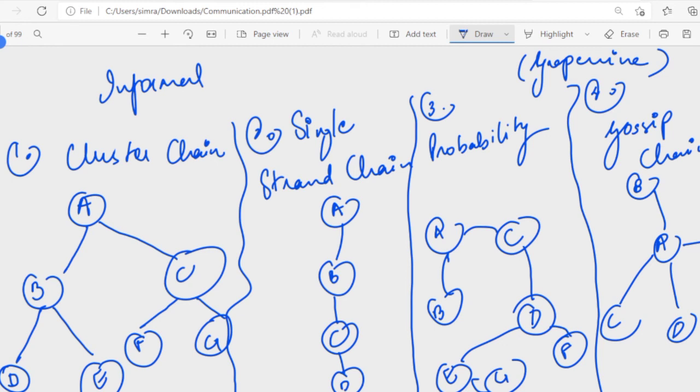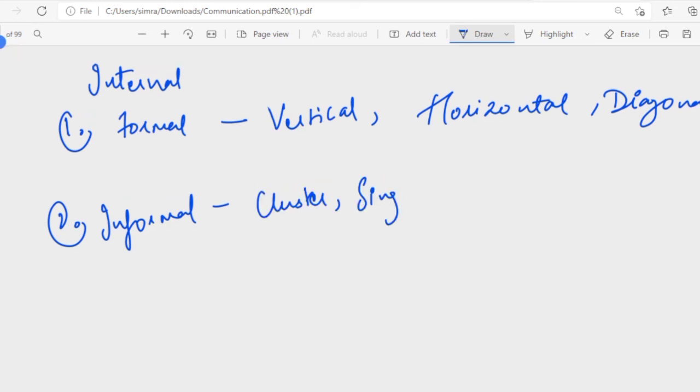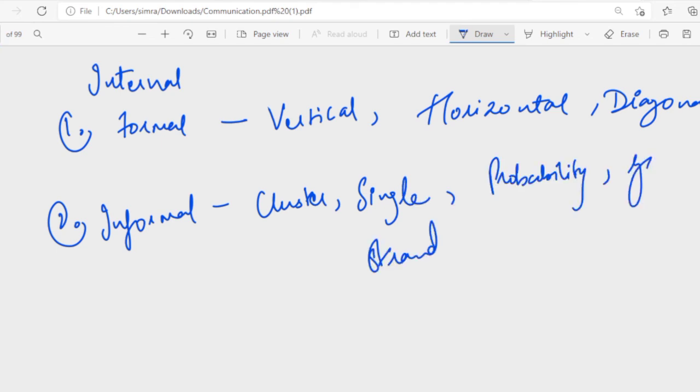So I hope you have understood the various types of informal communication. I'll write it here also: in informal, first we saw cluster, then single strand, next probability, and the last one was gossip chain.